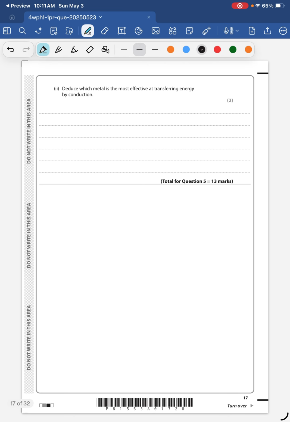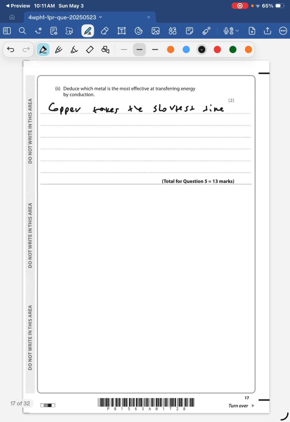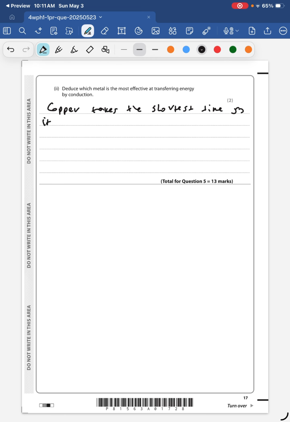Okay, so copper takes the shortest time. So it has the fastest energy transfer.